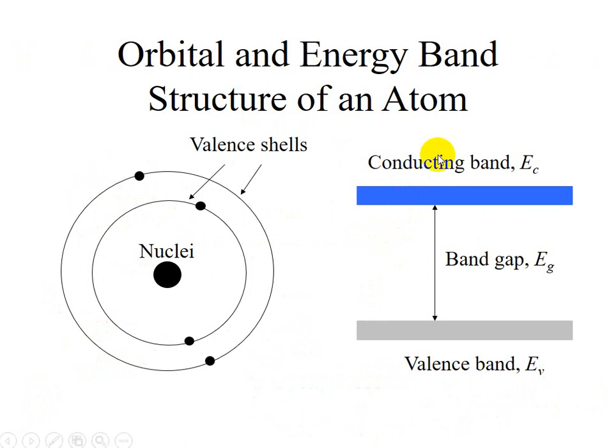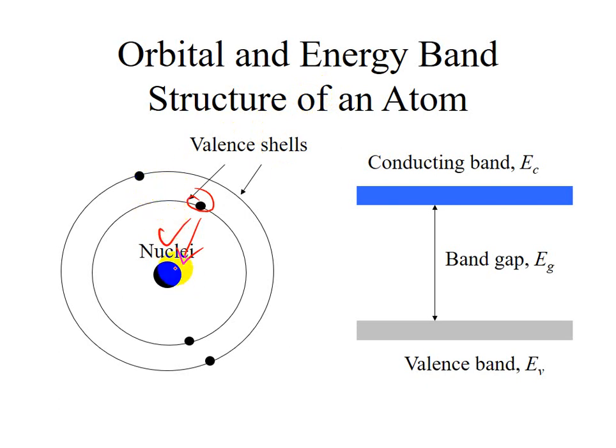Looking at an atom, basically you have electrons circulating in orbits around the nucleus. The innermost electron has a higher attractive force from the nucleus.